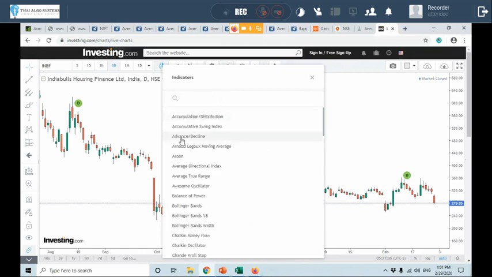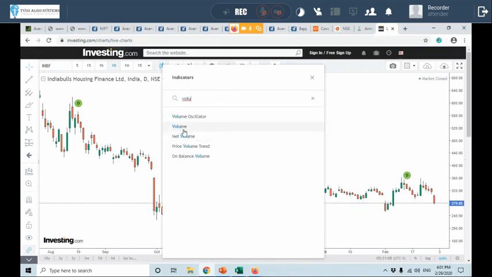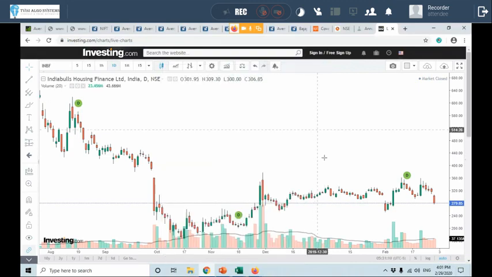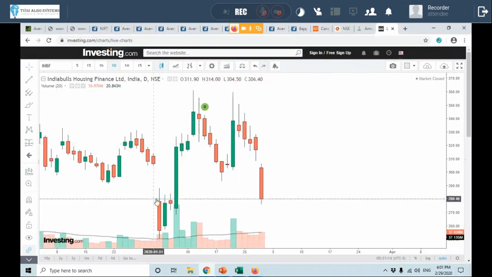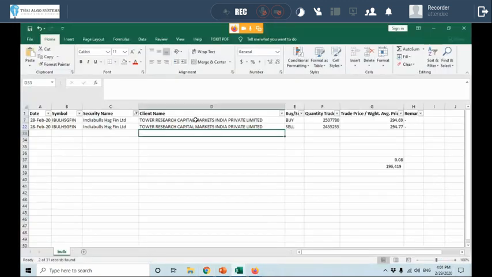Let's add volume. Generally, we try to see this. Now this guy bought this at 294.69. And what are the shares? 25 lakh shares.